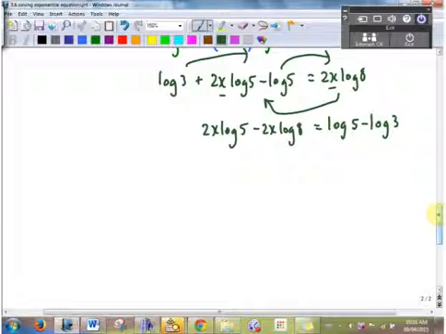Okay. Can I factor out a 2x from those two logs on the left? Yeah, that's what I want to do. Or maybe just an x. Like I want x by itself, right? Do you want to take 2x or x? It's up to you. I'm just going to take an x.